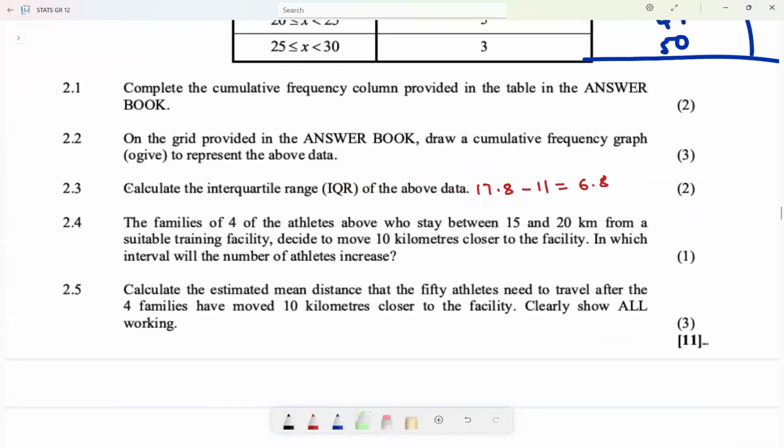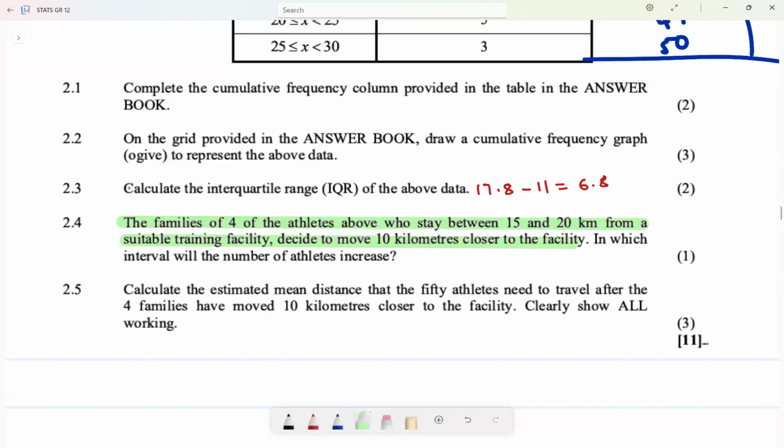It says the family of 4 of the athletes above who stay between 15 and 20 kilometers from a suitable training facility decided to move 10 kilometers closer to the facility, okay, 10 kilometers closer.